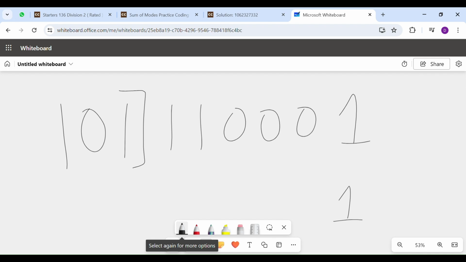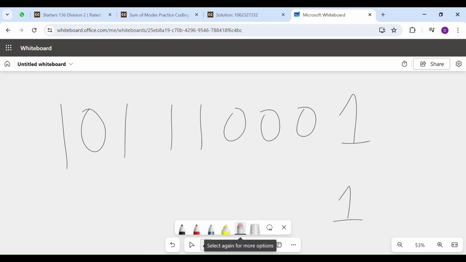Basically, if in a map I store the number of occurrences, that this difference between 1 and 0 is present this number of times, then I know those are the number of subarrays having mode count equal to 2.